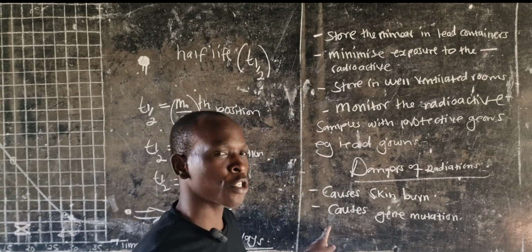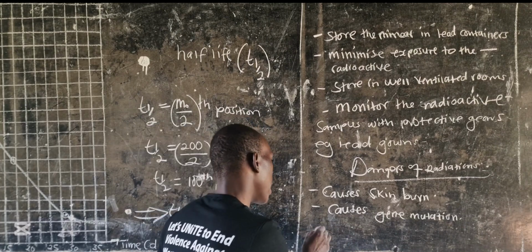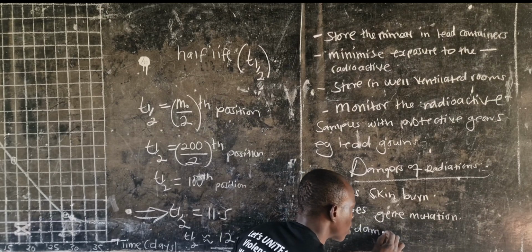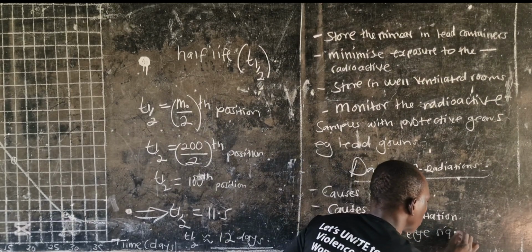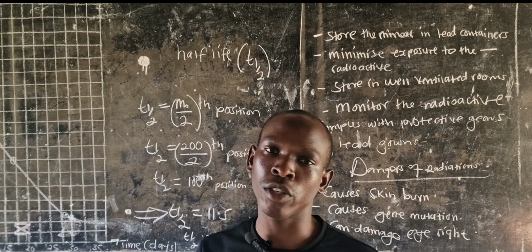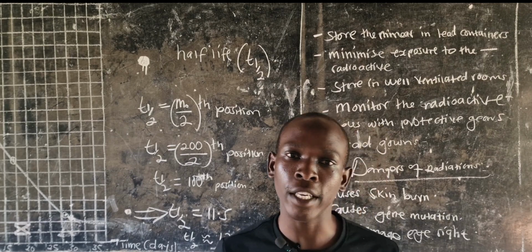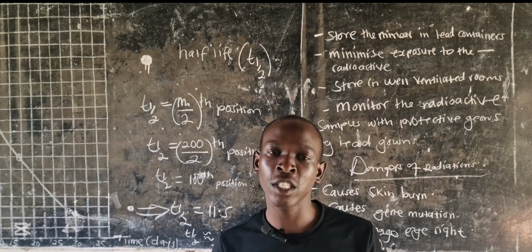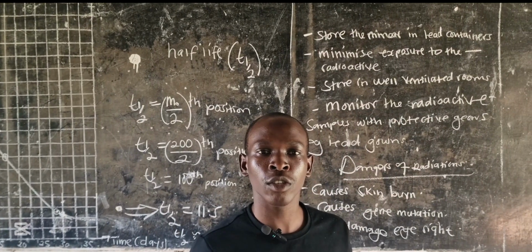So you keep exposure time as short and brief as possible. Another danger is that they can damage eyesight. When they are directed into your eyes, these radiations can end up damaging your eyes. Among others, we have quite a number of dangers of these radiations. For now, let us close this.